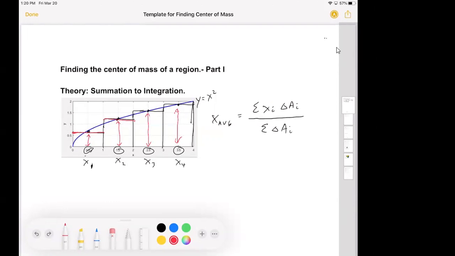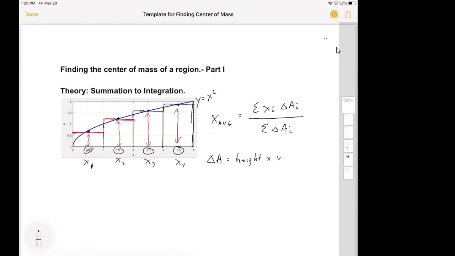So back to this calculation, the key would now be to figure out what is the delta A that we're working with. To get the delta A value, we would have to consider that for each of these, we're going to have a height times a width.